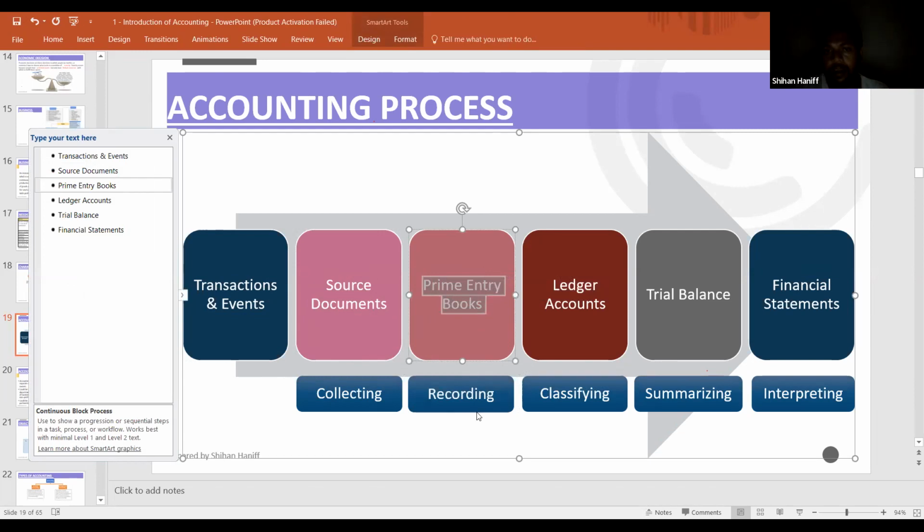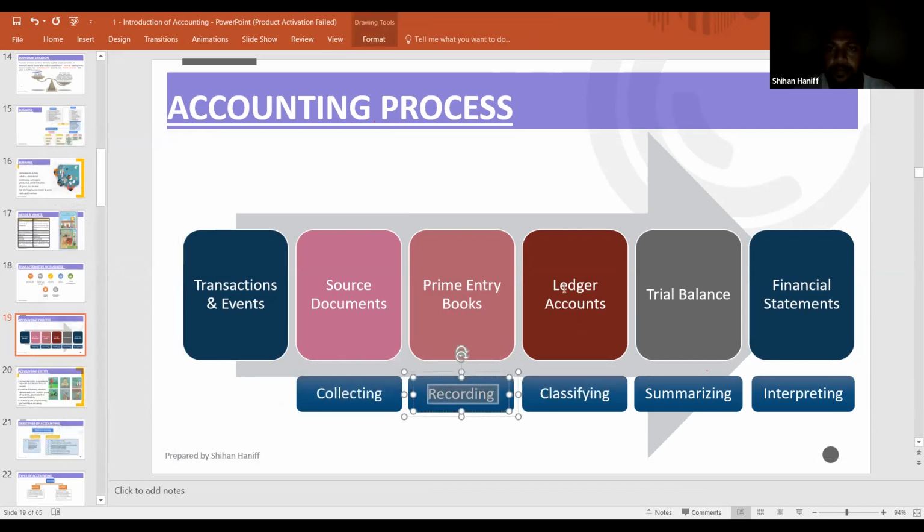Collecting, recording. Where do you record? In prime entry books. So what are the prime entry books? There are 7 main prime entry books. Right? The cash book, petty cash book, purchases day book, sales day book, return inwards, return outwards, and general journal. So I will explain one by one.